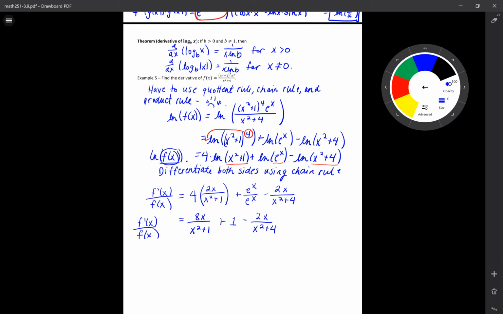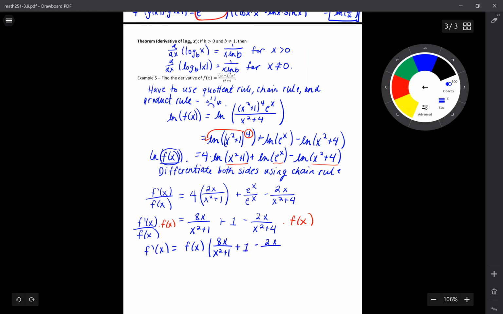Okay, well, I'm trying to solve for f prime of x. So I'm going to multiply through both sides by f of x to solve for f prime. So I get f prime of x is equal to f of x times 8x over x squared plus 1 plus 1 minus 2x over x squared plus 4. And I know what my f of x was. It was my very original function.